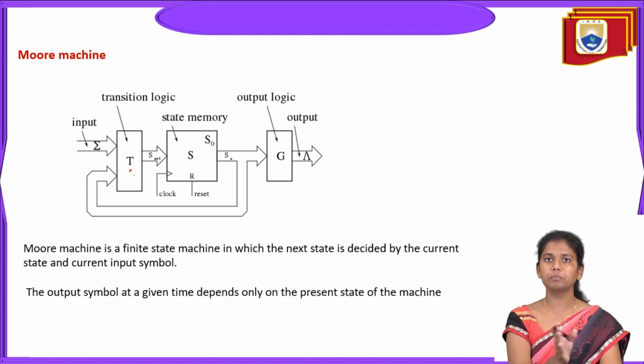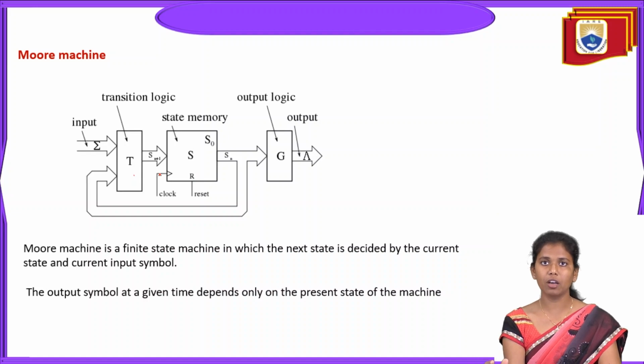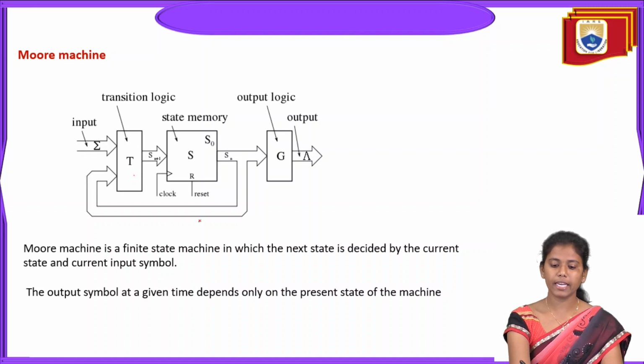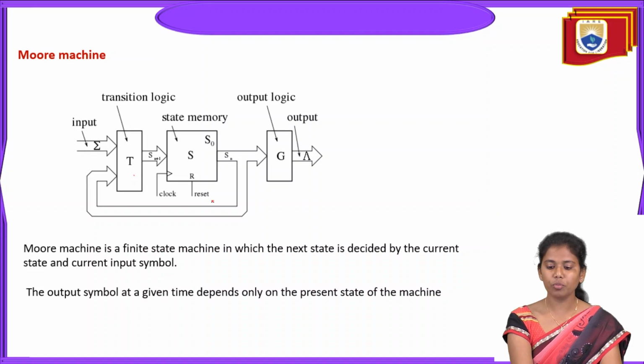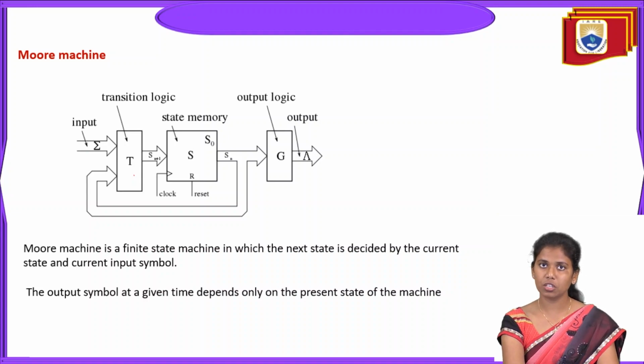On the input side you have the transition logic, and on the output side you have the output logic, and in between you have the state memory. This state memory consists of flip-flops and registers, to store the data or the information. And there is a connection among all these: the transition logic, the state memory, and the output logic.